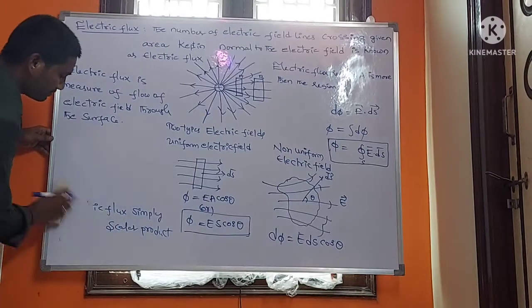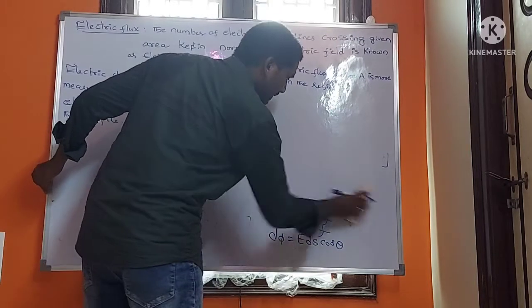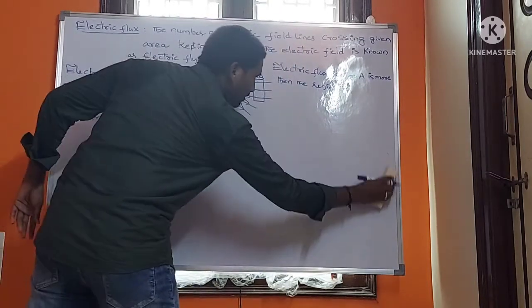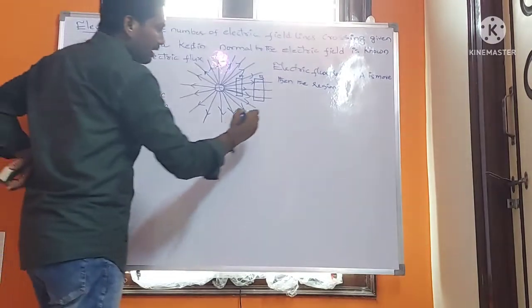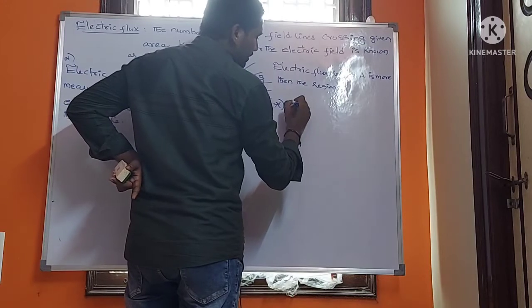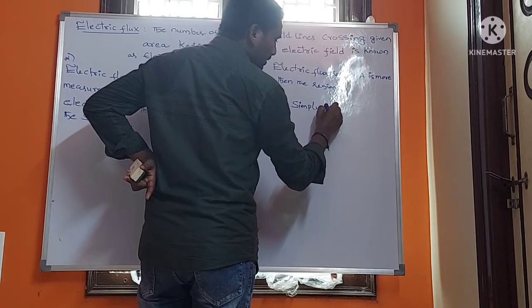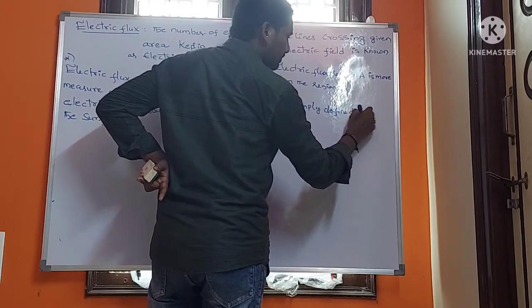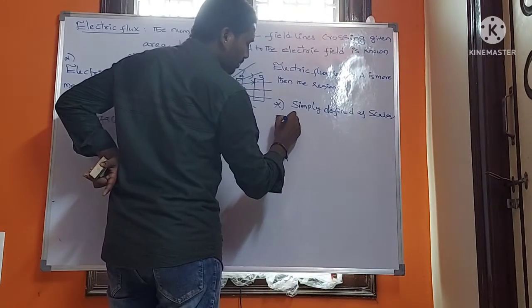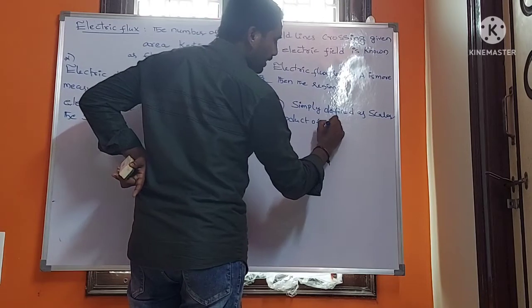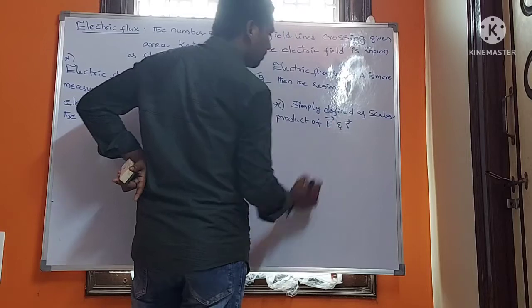Okay, now, one point is already explained: electric flux is simply defined as the scalar product of the electric field and the surface area.